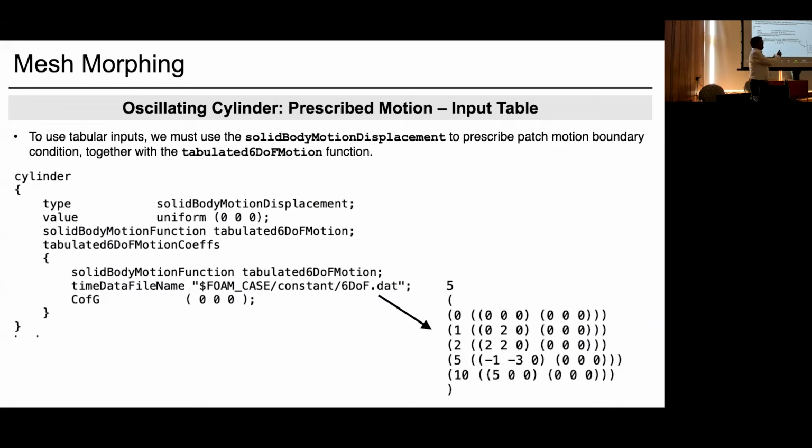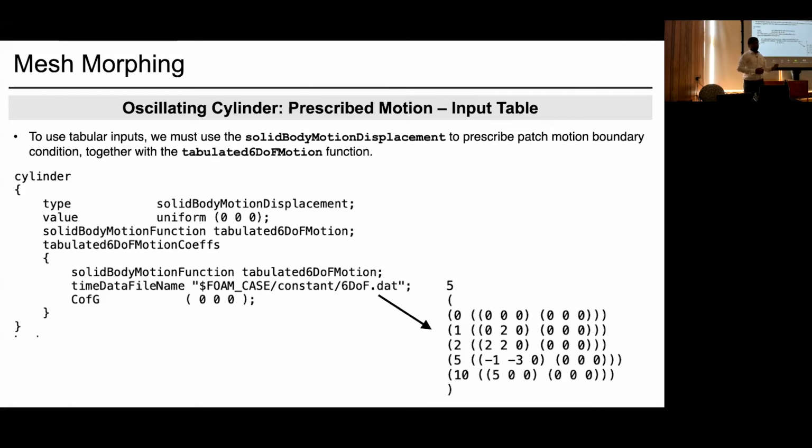So you choose how the body moves. You can write a script based on the kinematics you want and generate this as a DAT file. And then you can incorporate that DAT file as a tabulated 6 degrees of freedom motion, which is basically not an FSI movement. It is a prescribed motion, but you can tabulate the function as far as you want. It can be as complex as you want, right?